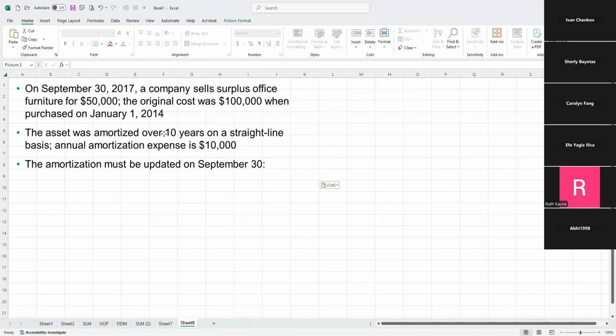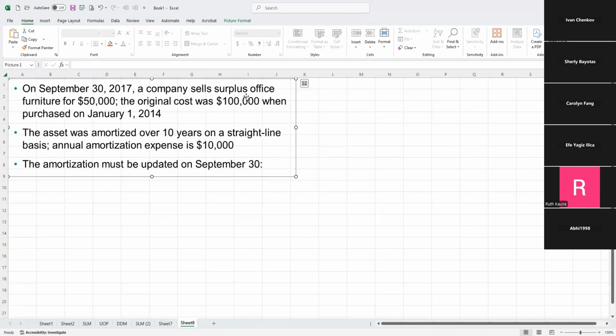On September 30th, a company sells surplus office furniture for $50,000. The original cost was $100,000 when they were purchased. The asset was amortized over 10 years on a straight line basis. Annual amortization expense is $10,000.